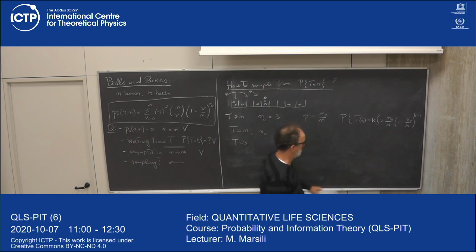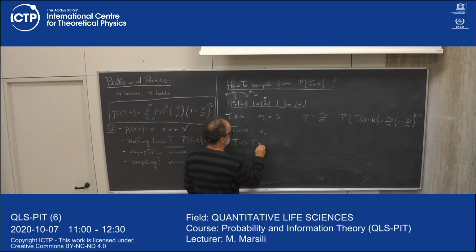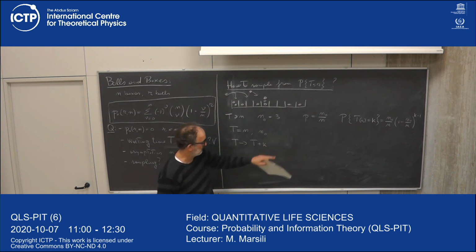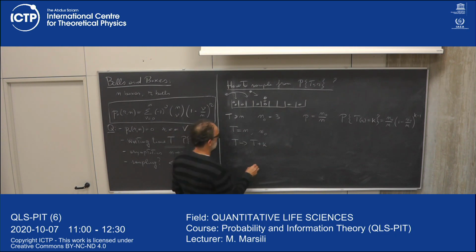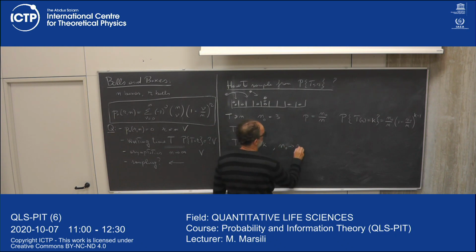Okay, and this is rather easy. And then you increase your t by k, because you have added k more balls. And at the same time, you will have that n0 goes to n0 minus 1.